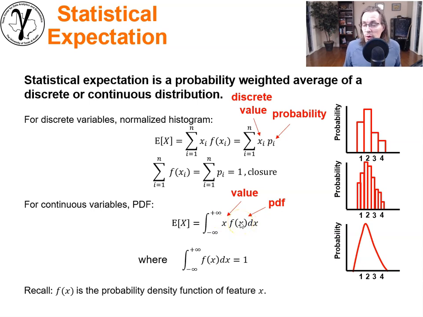We would have the same closure constraint: the integration from negative infinity to infinity of the PDF itself, the density values, should have an area under the curve equal to 1. In other words, all possibilities is equal to 100%. So this is how we calculate an expectation, a probability-weighted average of a discrete or continuous distribution.